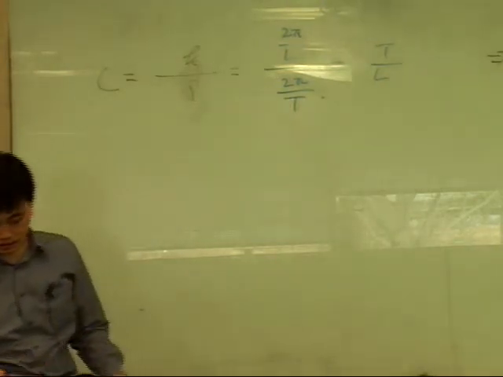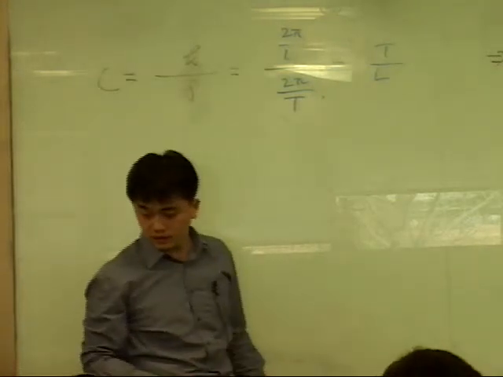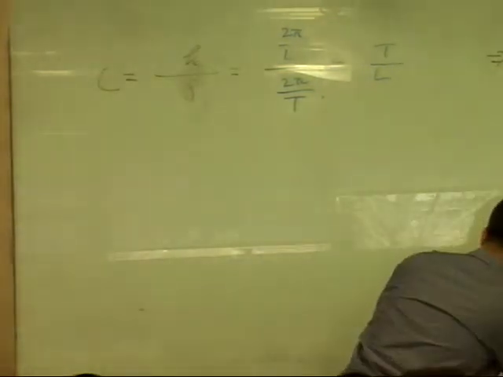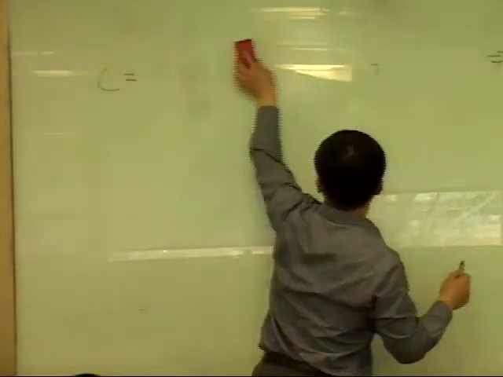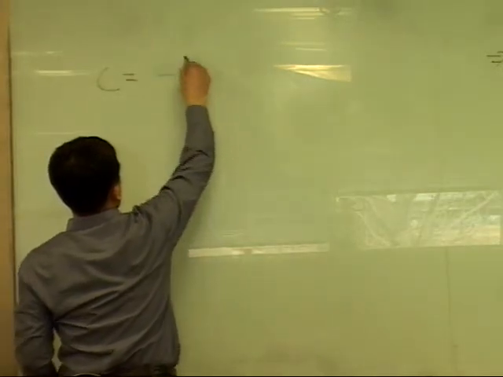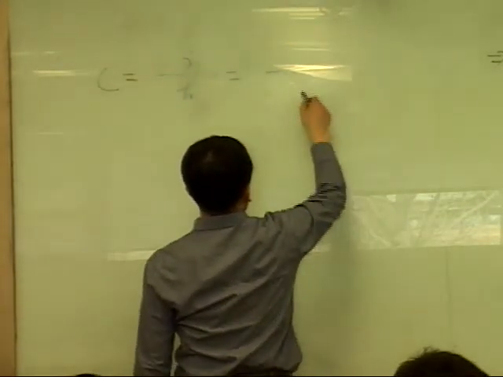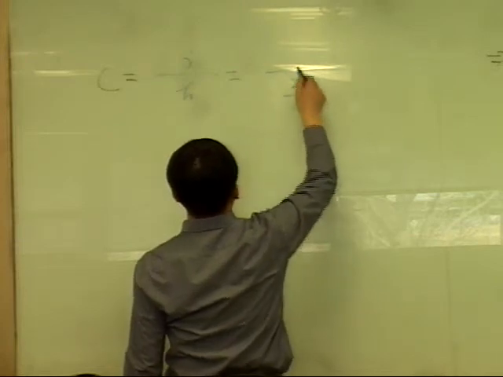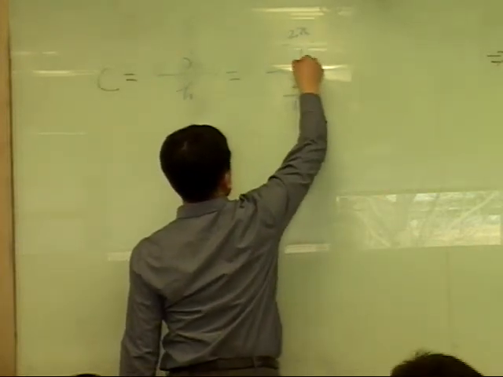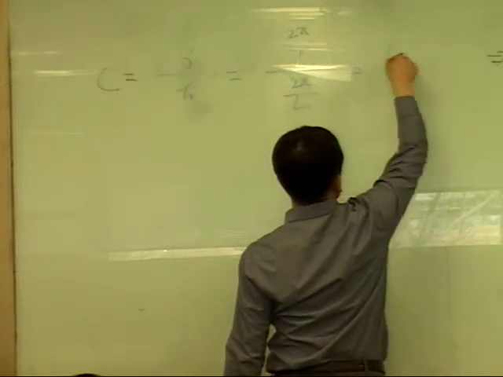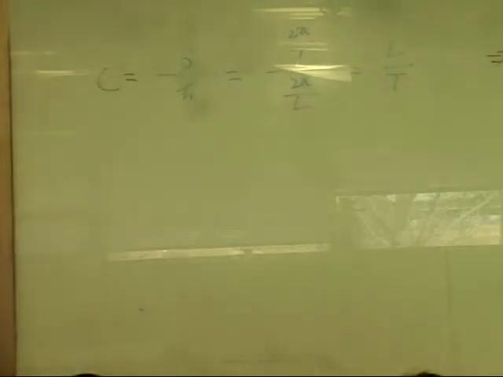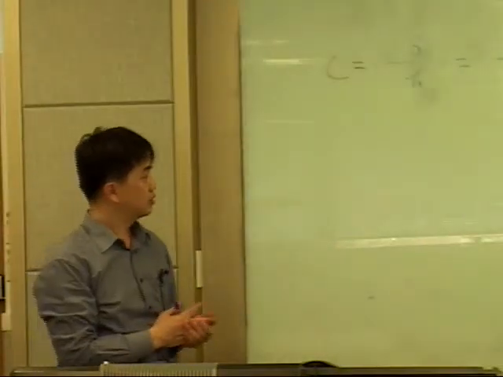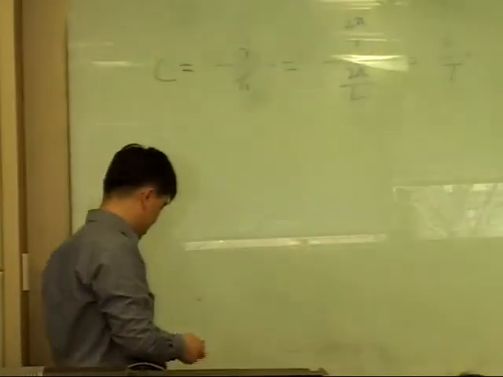Sorry, there is something wrong. This was totally wrong. Sorry. This is sigma over k, 2 pi over T times L over 2 pi, equal to L over T. So L is length, T is time, so this unit is correct. Okay. So now you know how to calculate the wave speed.